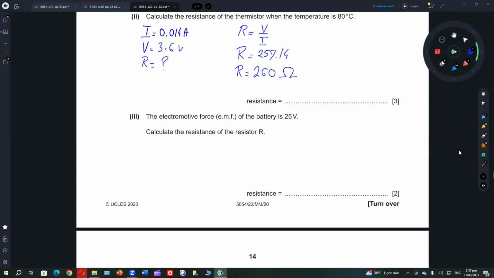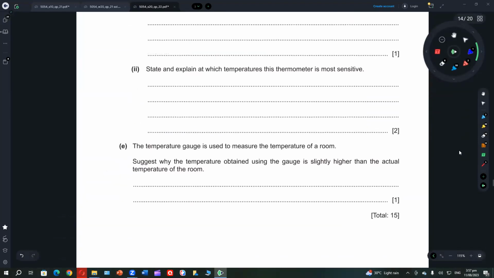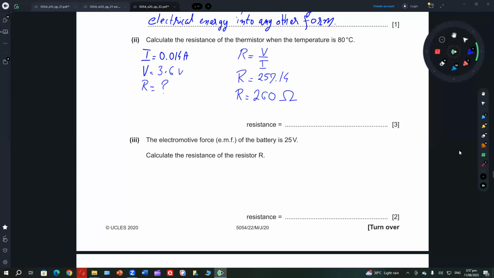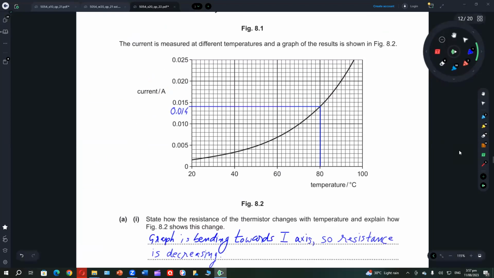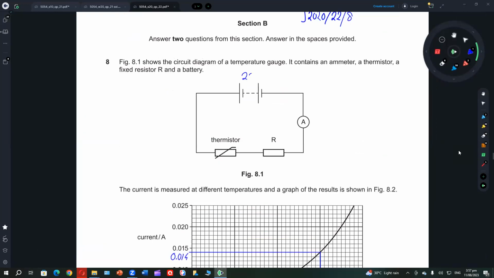The electromotive force of the battery is 25 volts. Calculate the resistance of the resistor R. So we have the resistance of the thermistor, and he has given us the EMF of the circuit source, 25 volts.